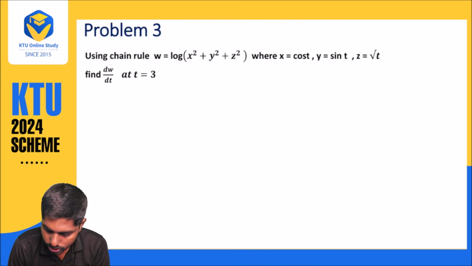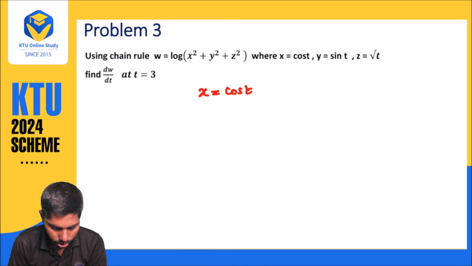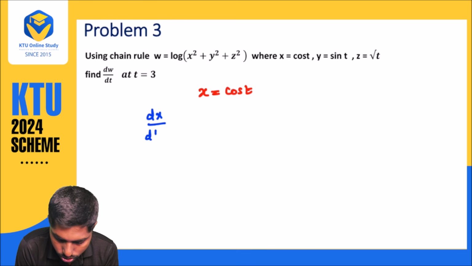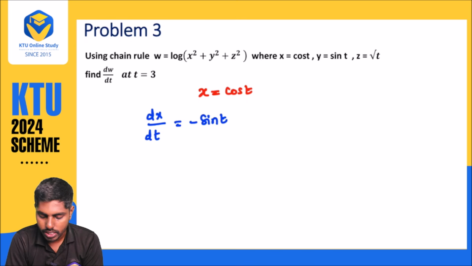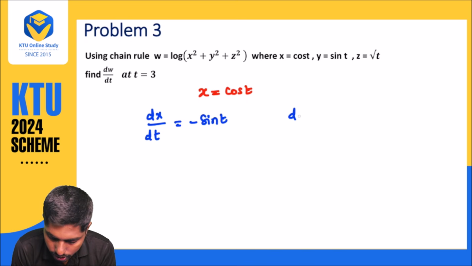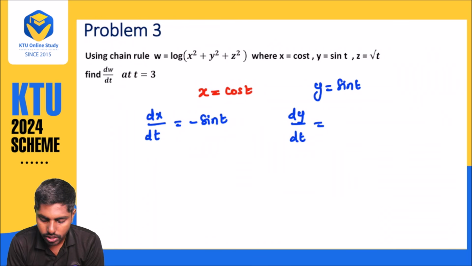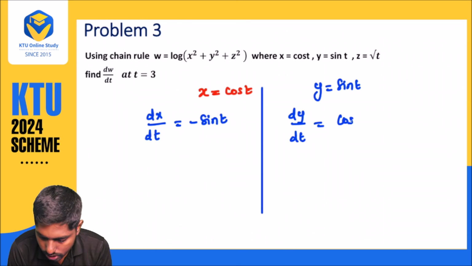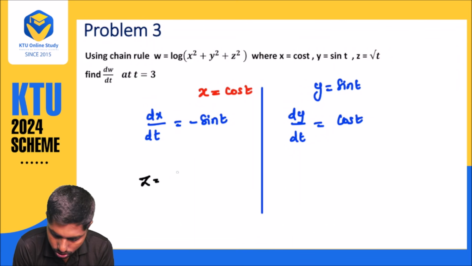Our x value is x = cos t, so dx/dt is minus sin t. Similarly, what about dy/dt? y is equal to sin t, and when you differentiate it, it becomes cos t. Similarly, z is equal to root t.